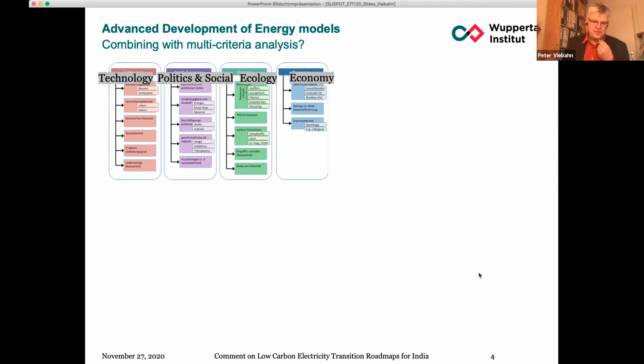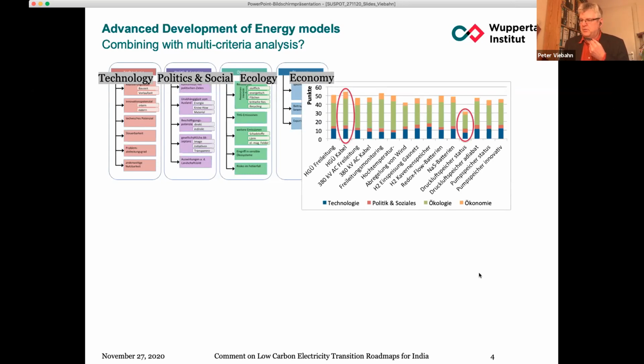Then you have different targets in each of the dimensions, and you have several sub-targets. Then you can combine and assess the different criteria for the technologies, and you get a ranking. For example, in this case, you find the best technology which has the most of these impact points, and you have the worst technology with only a few impact points.